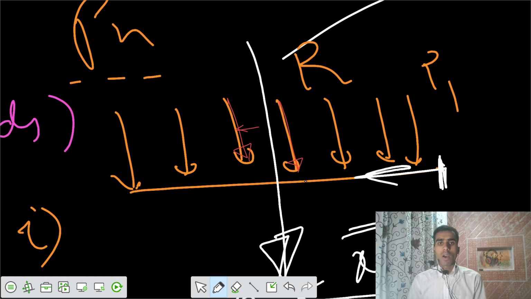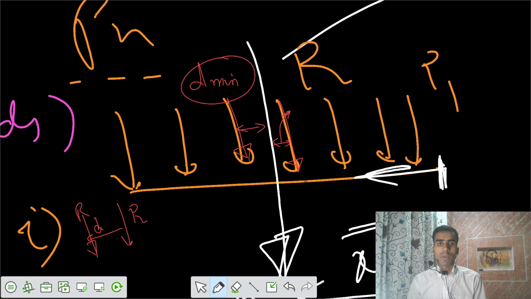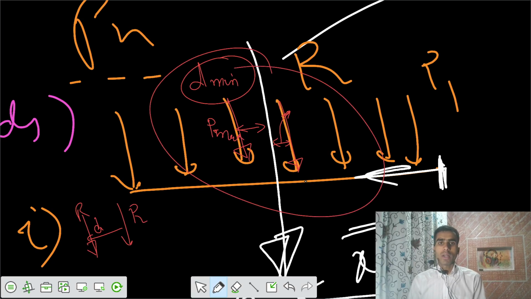So we see what is the minimum value of that D, between that load P2 and the resultant R, which we call D. We need to calculate the D minimum we can have. Out of these two, we see which one is D minimum, and one more thing we have to keep is P maximum out of these two. So we have to see where the resultant is.